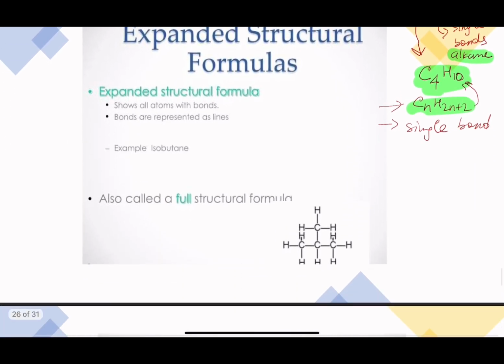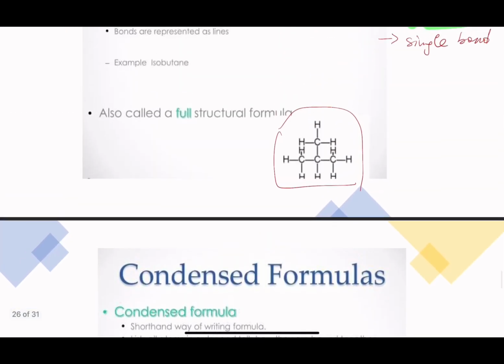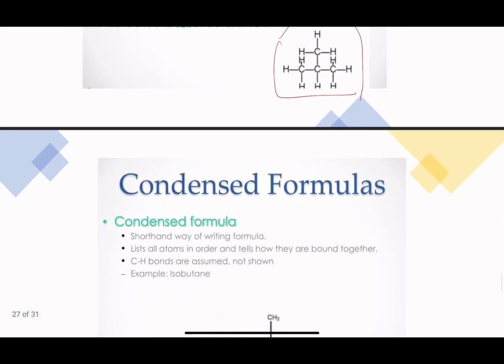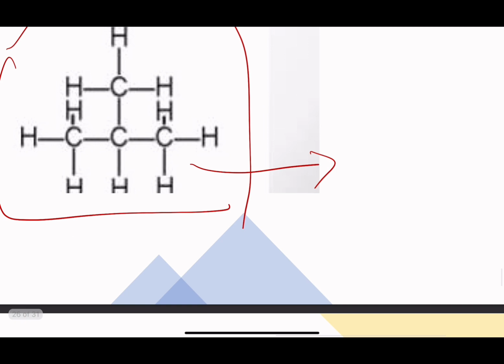So we did this expanded form with you guys. This is the expanded structural formula. Now the condensed formula. Expanded to condensed is super simple. So you see this guy, carbons. So I got carbon, and then carbon, and then another carbon. So how many hydrogens do I have? 1, 2, 3 in here.